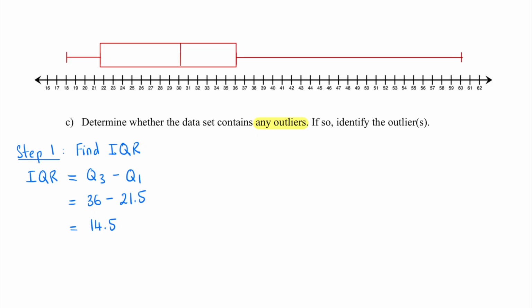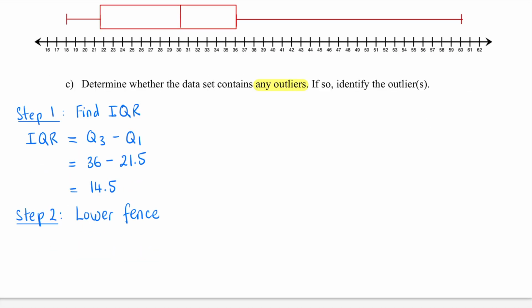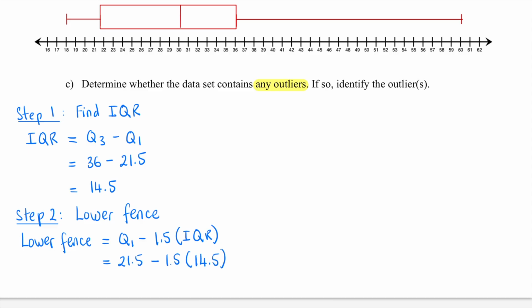Step 2, find the lower fence. Lower fence equals Q1 minus 1.5 times IQR. Q1 is 21.5 and IQR is 14.5. 21.5 minus 1.5 times 14.5 is negative 0.25.